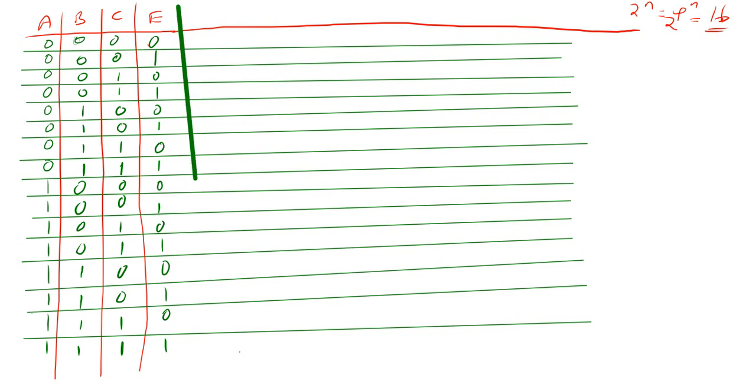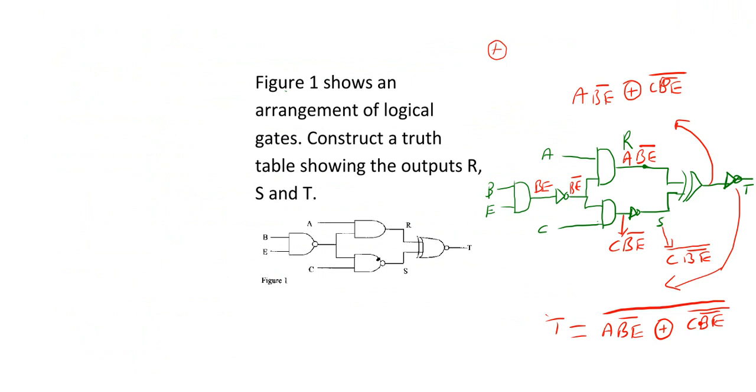Now, what you do next, let me draw the line here. What you do next, you include each of these expressions in the truth table so that you'll be able to compute them easily.